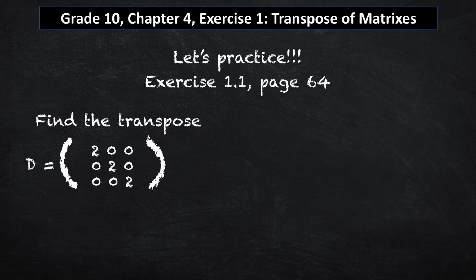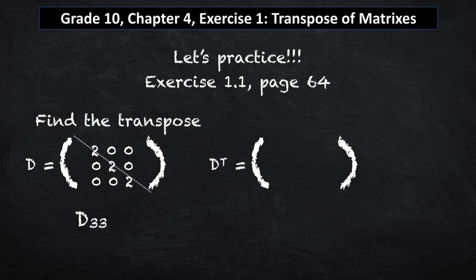The matrix D is a 3 by 3 matrix. It has the number 2 on the diagonal and 0 everywhere else. When we write its transpose, first of all we write all the 2's on the diagonal because they will not change location. And then the first row of the matrix D will become the first column of the transpose matrix D, and so forth and so on.